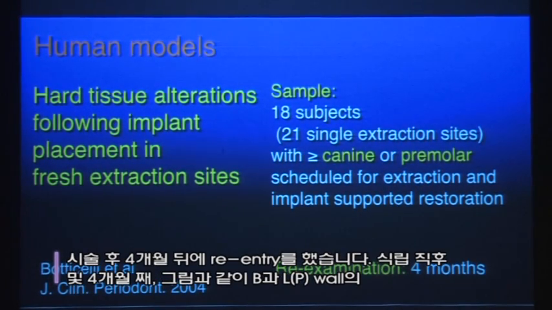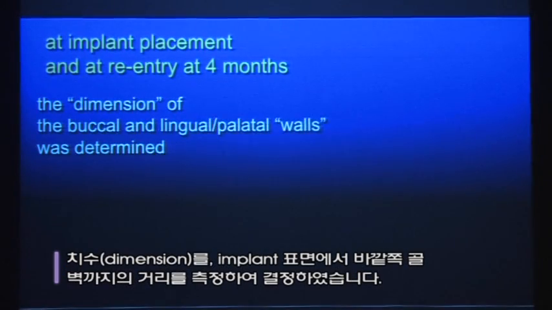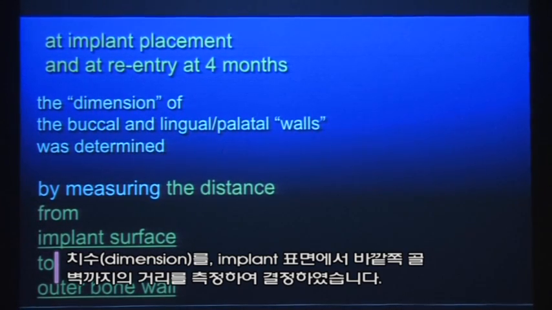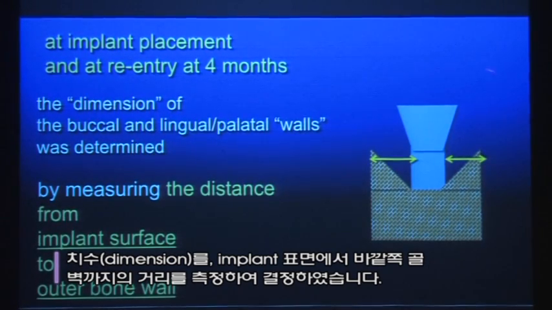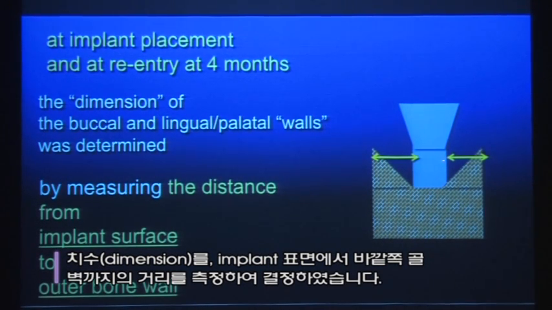The implants were placed and re-examinations performed at a re-entry operation after 4 months. At the implant placement and re-entry, the dimension of the buccal and lingual walls was determined by measuring the distance from the implant surface to the outer bone walls at the buccal as well as the lingual surface.